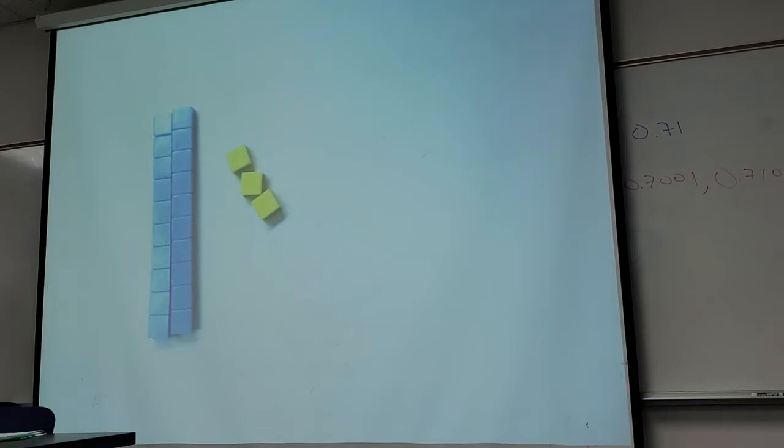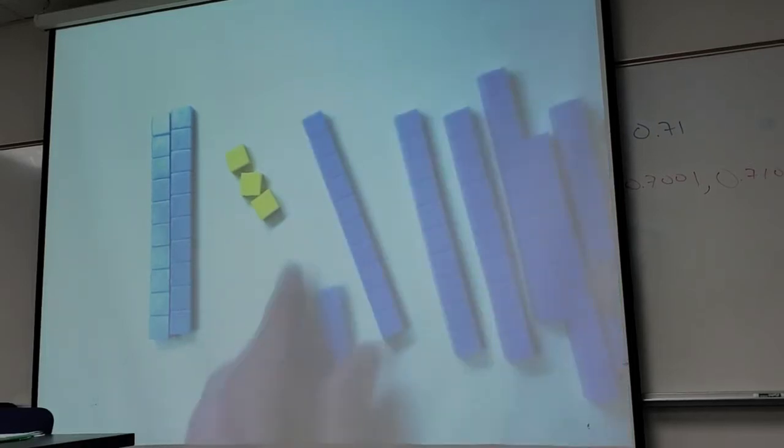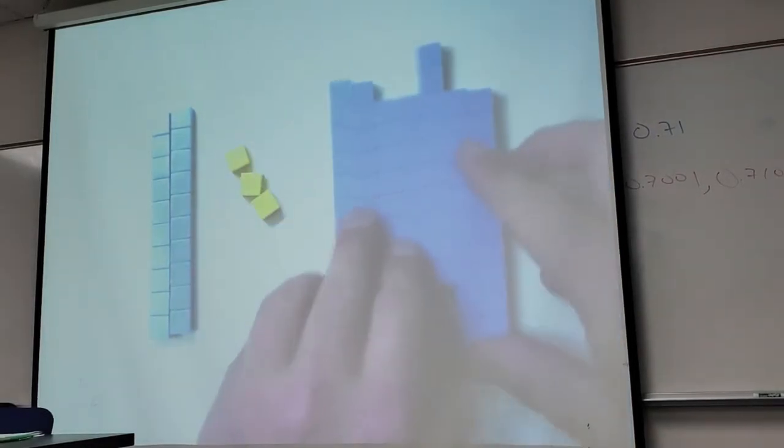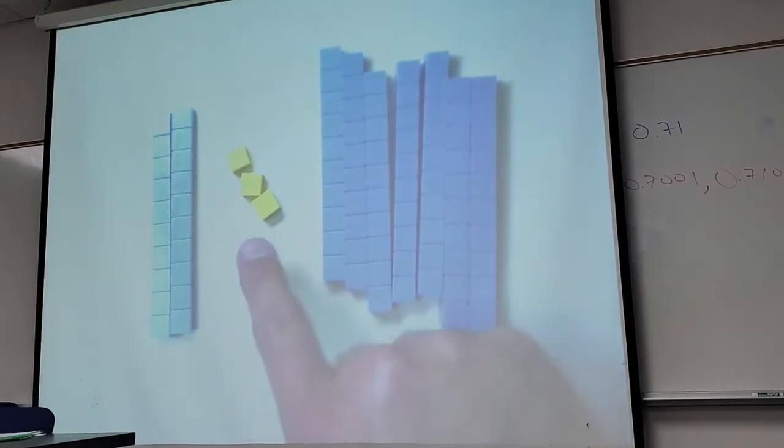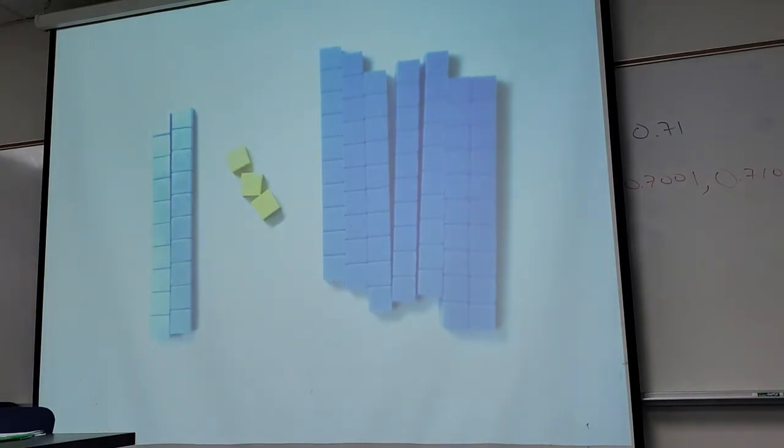Somebody who's brand new to this might think 0.7 is smaller than 0.23 because 23 is bigger than 7, right? But if I make 0.7, what would it look like? 7 longs. So obviously, visually, 0.7 is bigger than 0.23. That's reusing manipulatives in different ways.